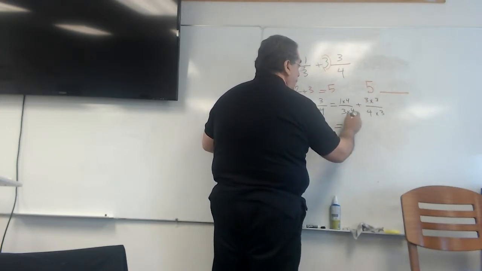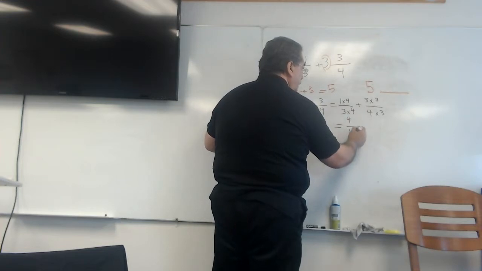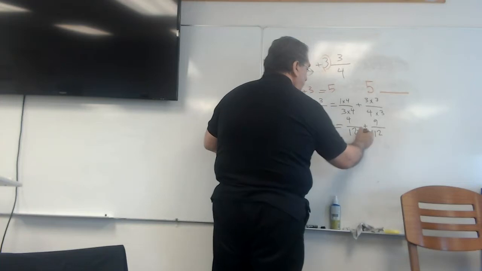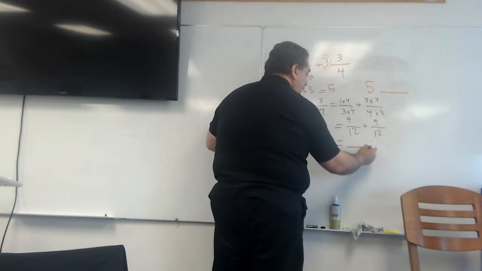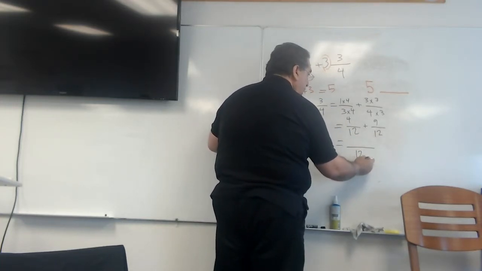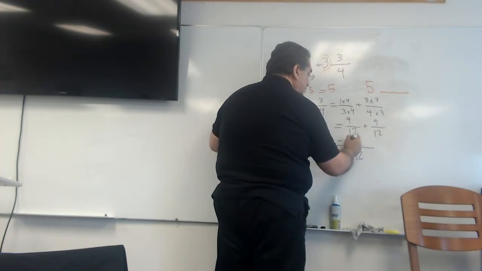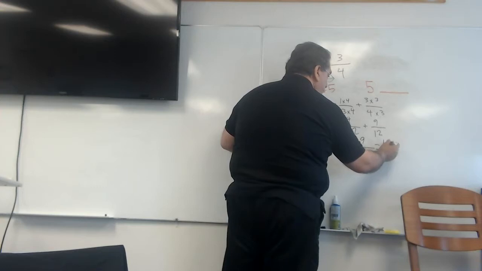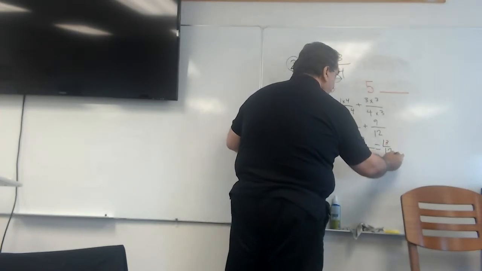So you get 4 over 12 plus 9 over 12. When the denominator is the same, you just add the 4 plus 9, which gives you 13 over 12.